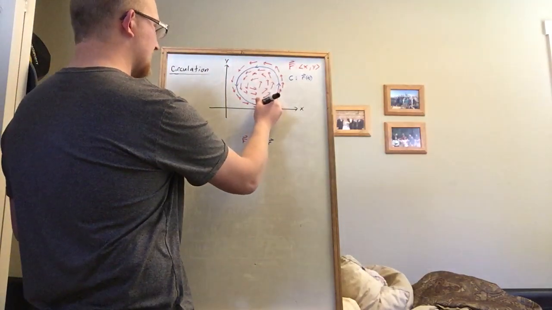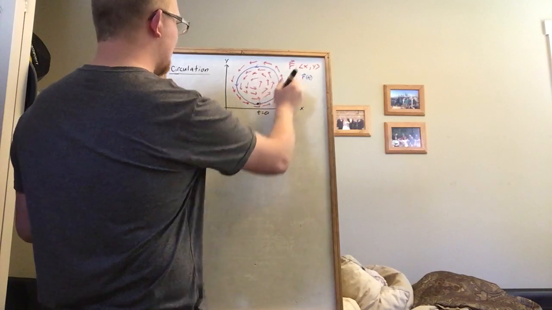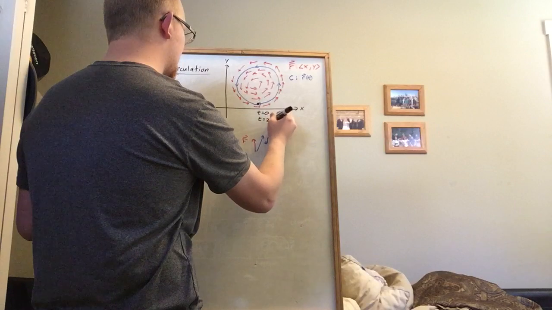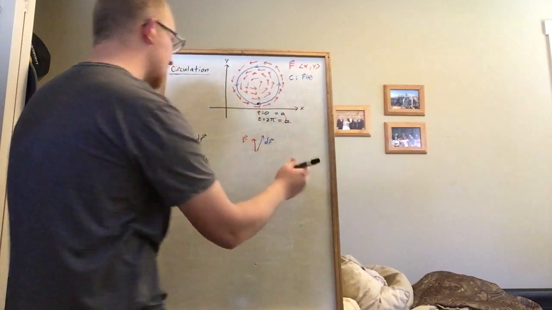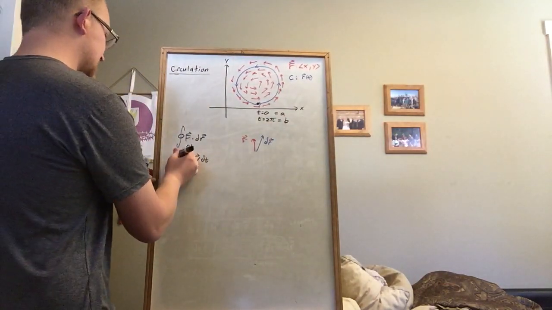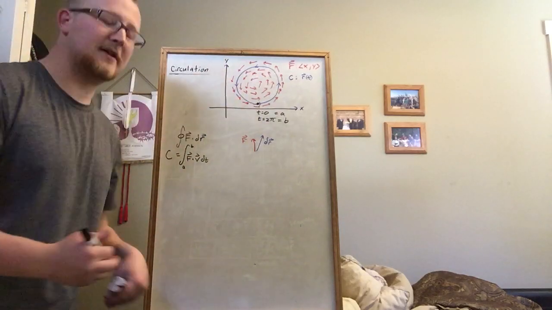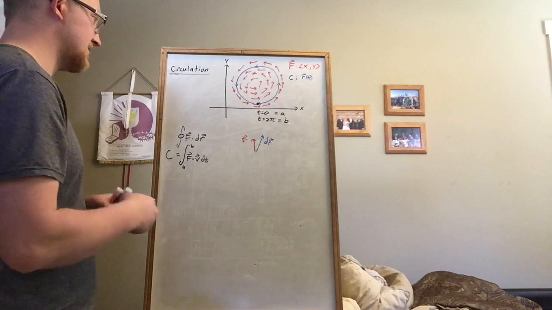Maybe this curve starts here at time equals 0, and by the time it gets back around, it's at time equals 2 pi. This would be our A, our starting point, and that would be our B, our finishing point. And so this is the circulation of this field along this curve.